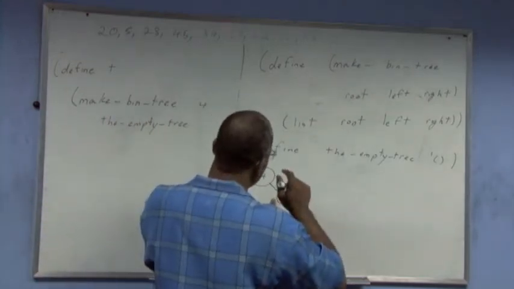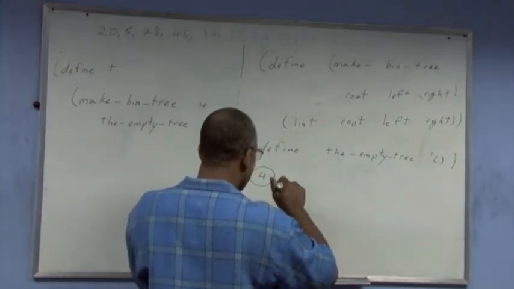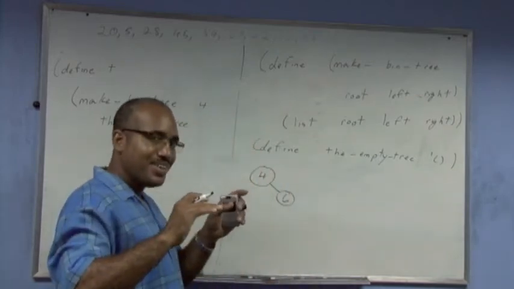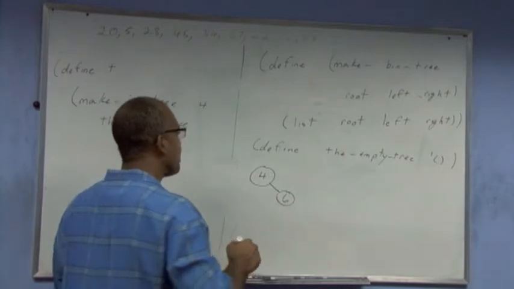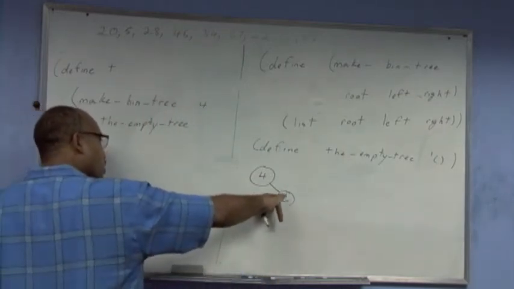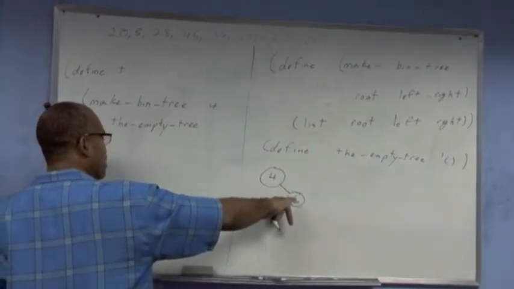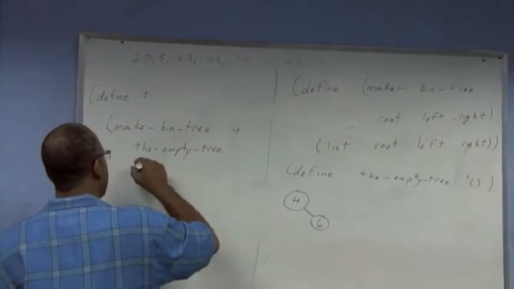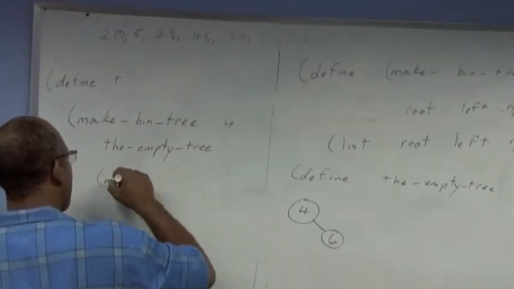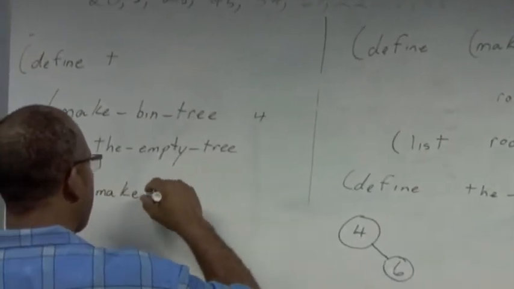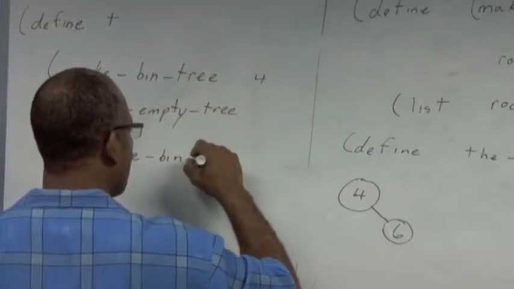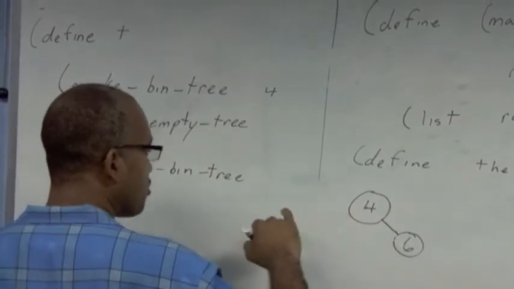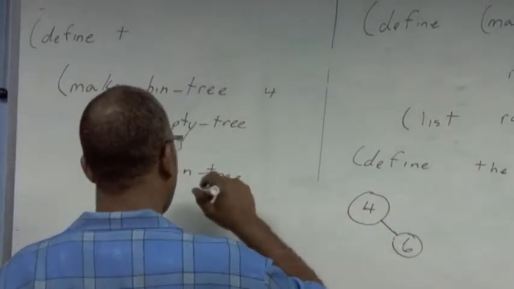Remember, a tree is a root with a left subtree and a right subtree. So this right subtree needs to be defined as make-bin-tree, and at the root of that right subtree we have the value 6.